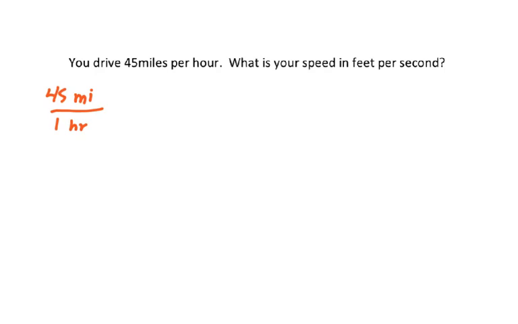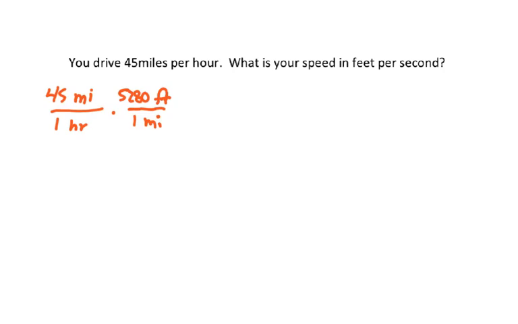So we know that there are 5,280 feet in 1 mile, and that 1 mile has to be on the bottom to cancel with the mile on top. And that means we're going to be multiplying by 5,280 feet on top.